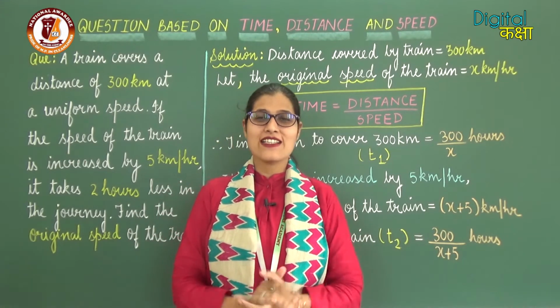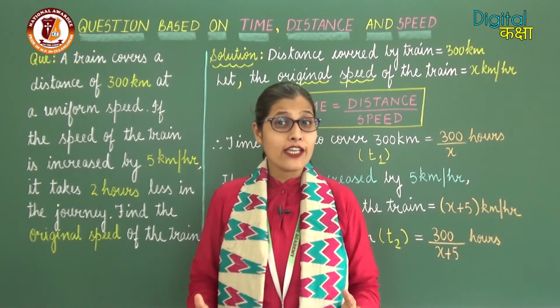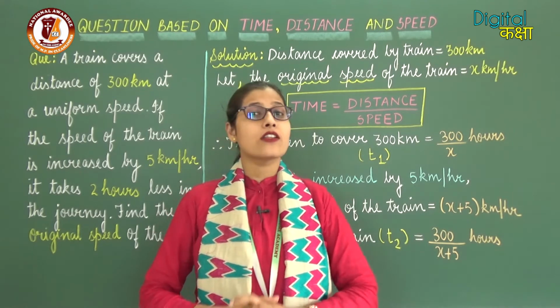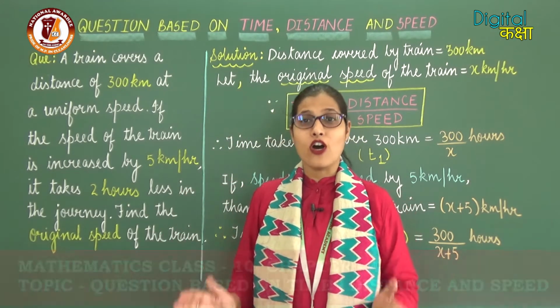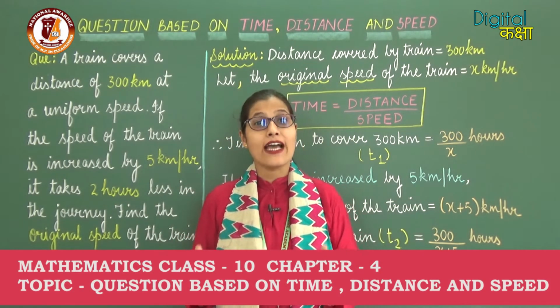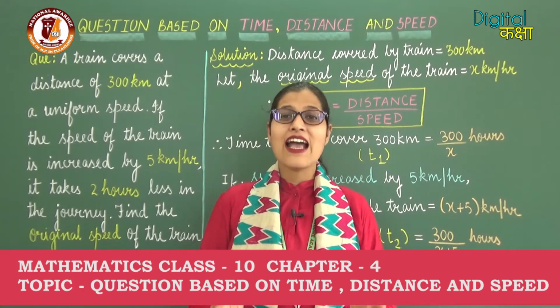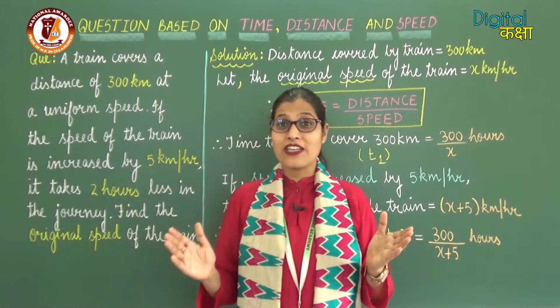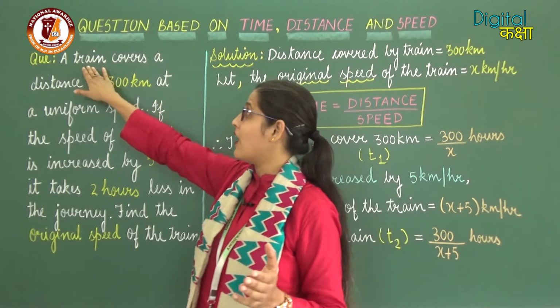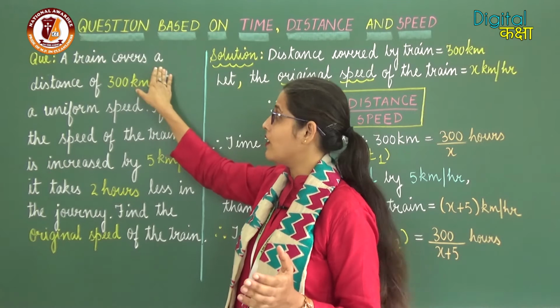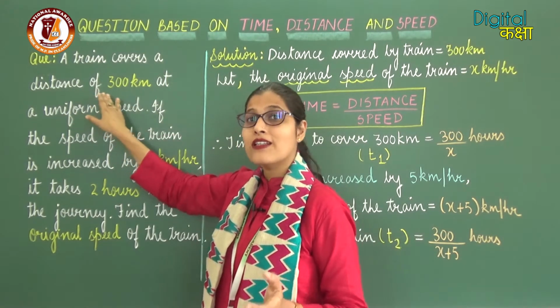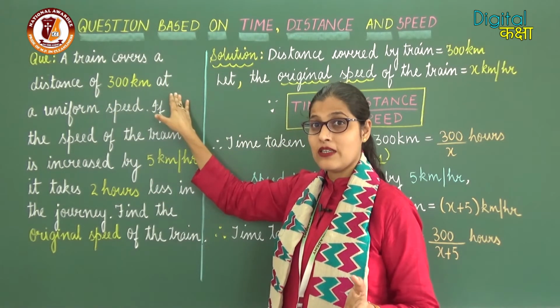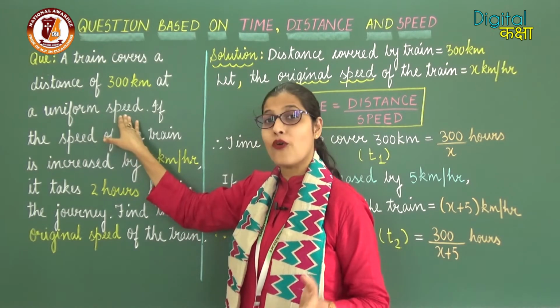Hello students, today again we will be learning a question based on the topic time, distance and speed. So our today's question is, a train covers a distance of 300 km at a uniform speed.